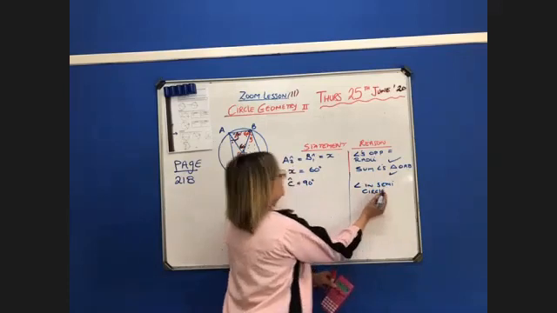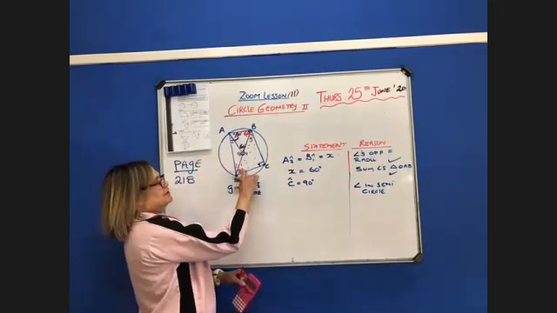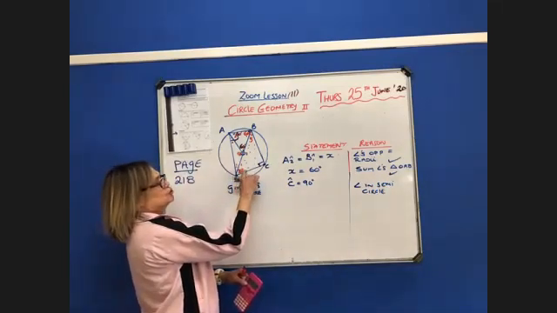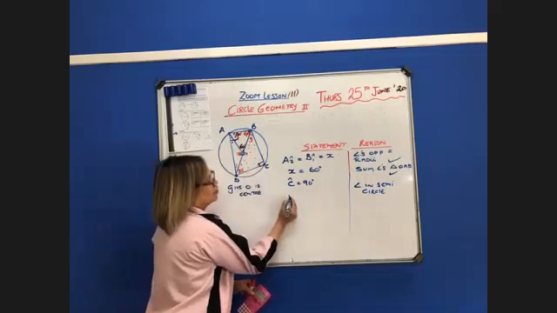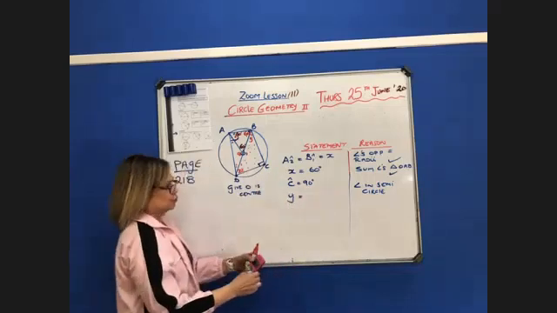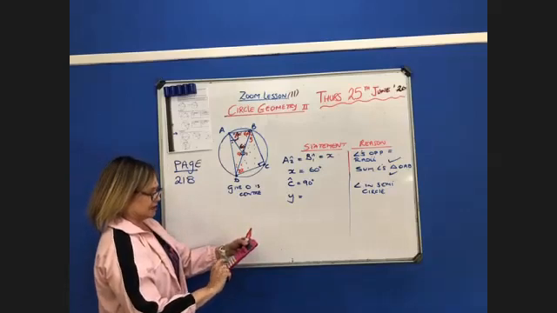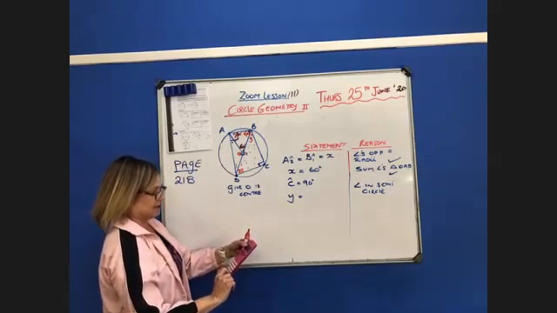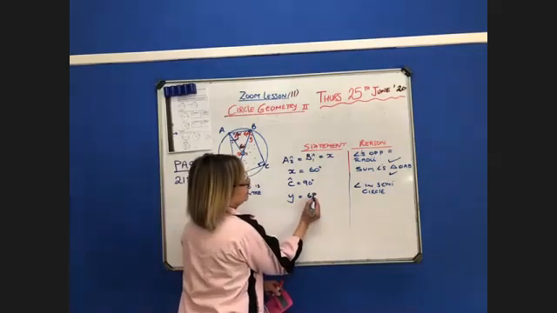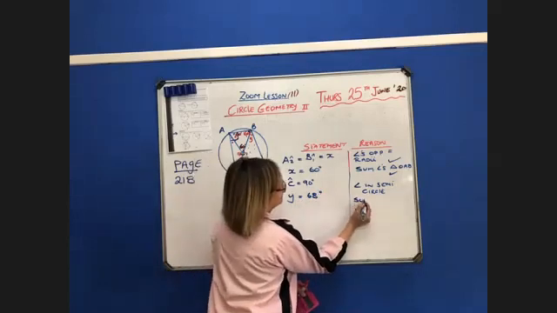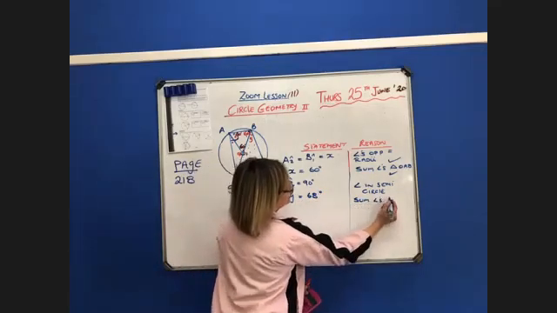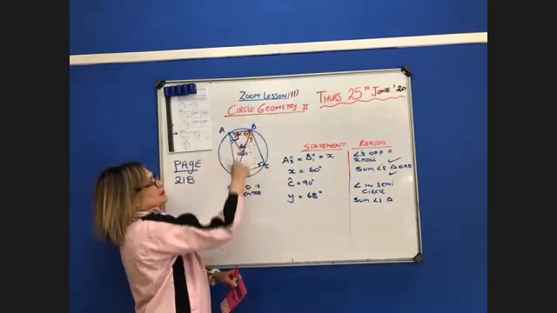And therefore, if we've been given this angle, which is 22, and that's 90, then we can go y equals to 90 minus 22, and we will get 68. And there is sum of angles in a triangle, but this time triangle BDC.